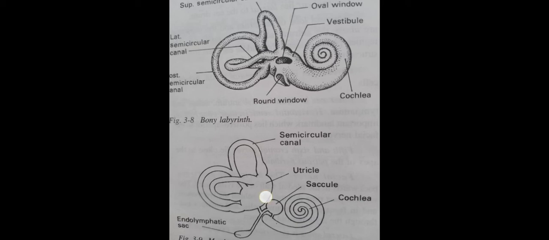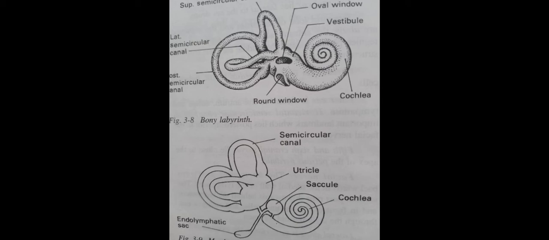While this one is the membranous labyrinth, which remains suspended in the perilymph. Perilymph is present in the bony labyrinth, and membranous labyrinth remains suspended in it. And this membranous labyrinth contains fluid called endolymph, and it consists of some sacs and tubes connected with each other.